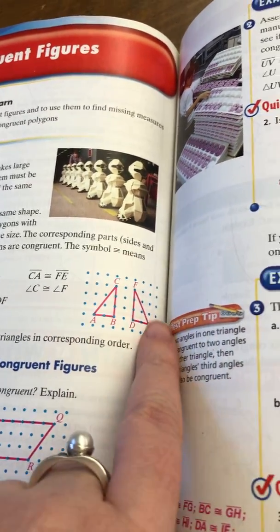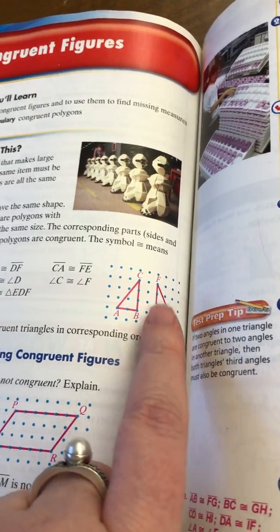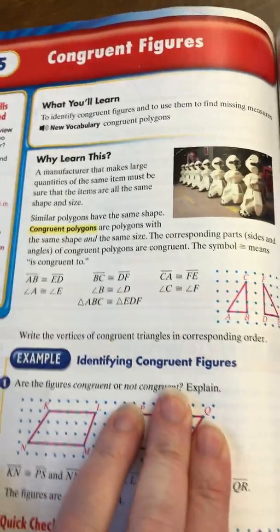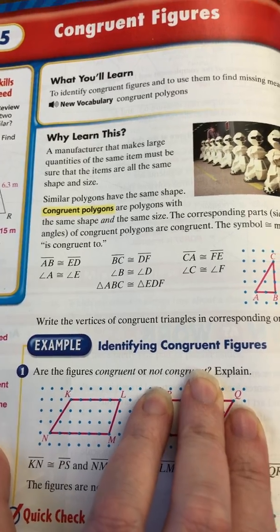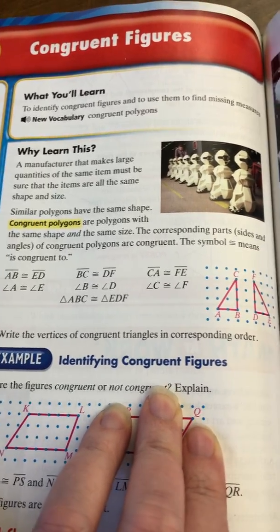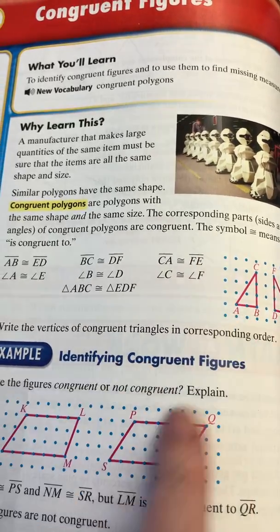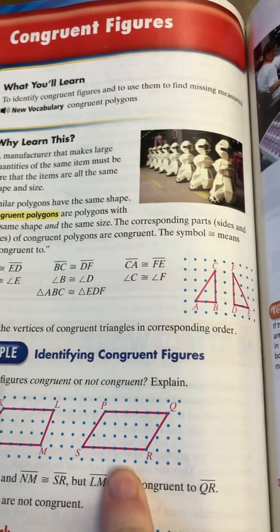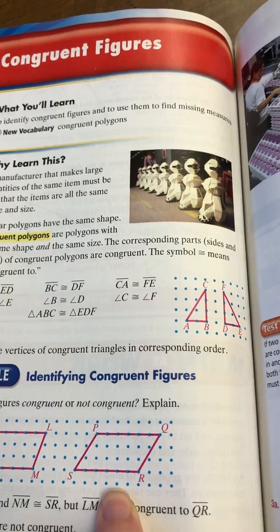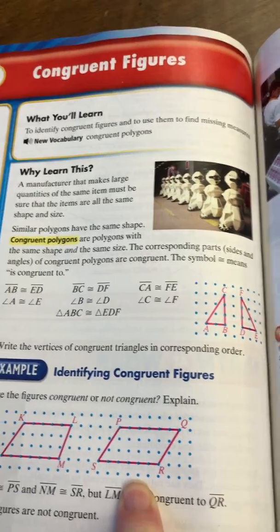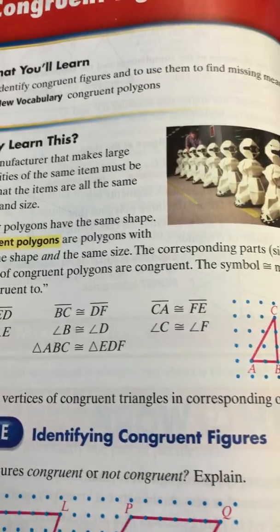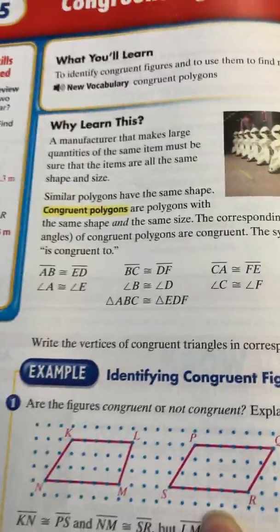Here's our line of symmetry, so now we need to go ED. So you're not going to go alphabetical. We can also say that line BC is congruent to DF. You can also say CA is congruent to FE, line CA, line FE. Again, congruent gets the equal sign with the wavy symbol above it.